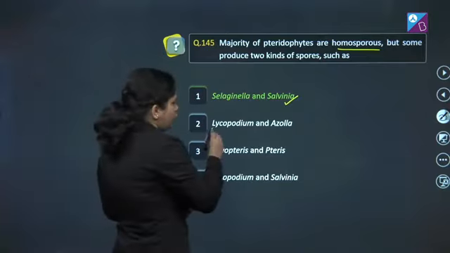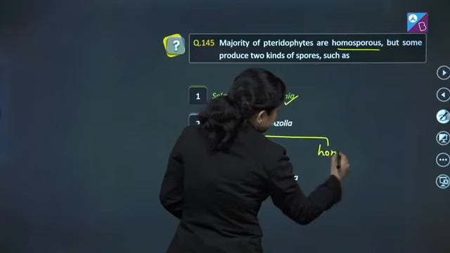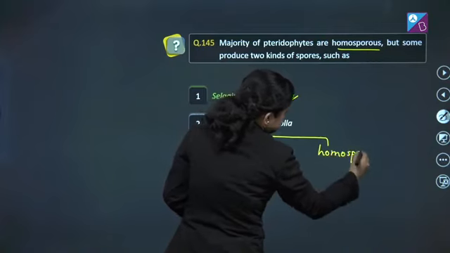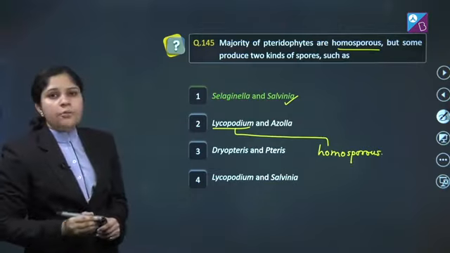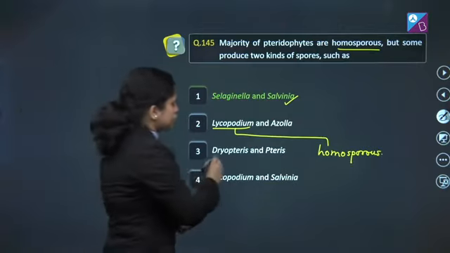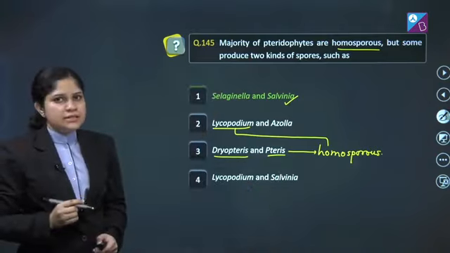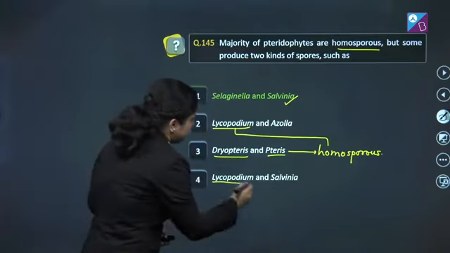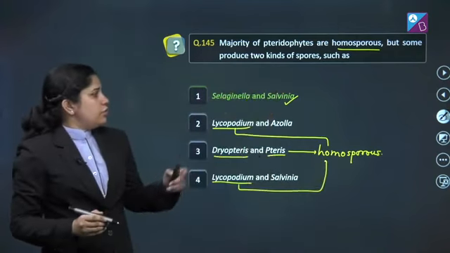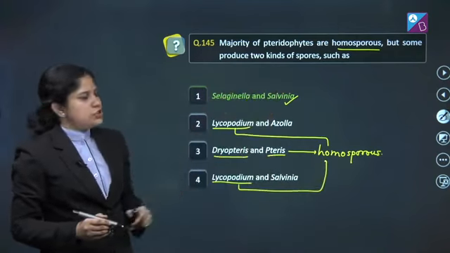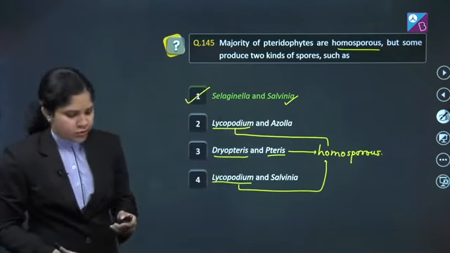Here Lycopodium is homosporous. Third, Dryopteris and Pteris, both of these are homosporous. Fourth, Lycopodium and Salvinia. Here Lycopodium is homosporous. So the correct answer of this question is option number 1. Let's proceed to the next question.